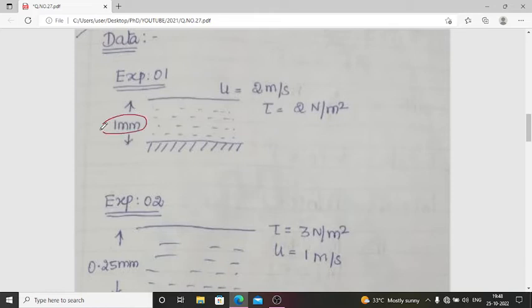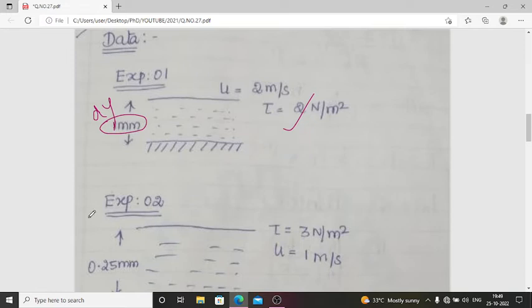So here this is the distance, dy. dy is equal to 1 mm, which converted into meter is 1 into 10 to the power of minus 3 meter. The top plate moves with a velocity u equal to 2 meter per second, with shear stress tau 2 Newton per meter square. The other plate is fixed or stationary, so its velocity is equal to 0.